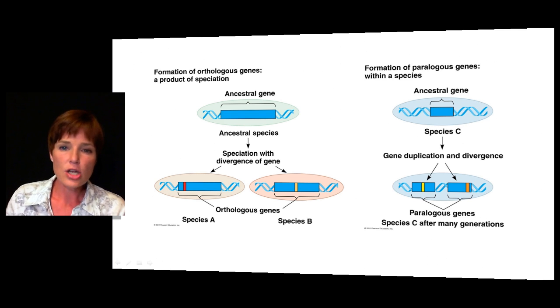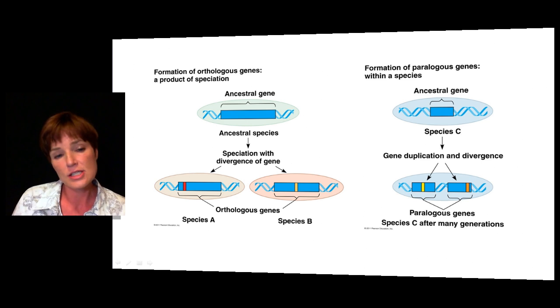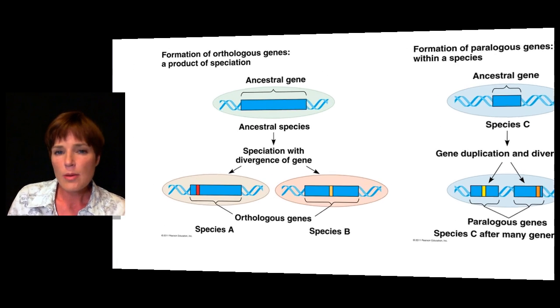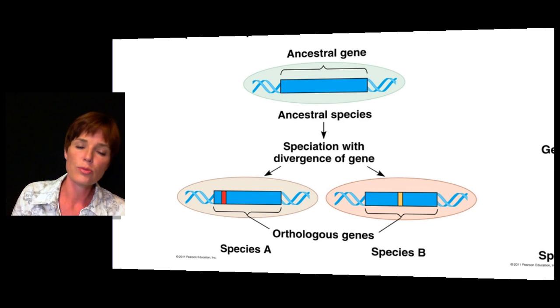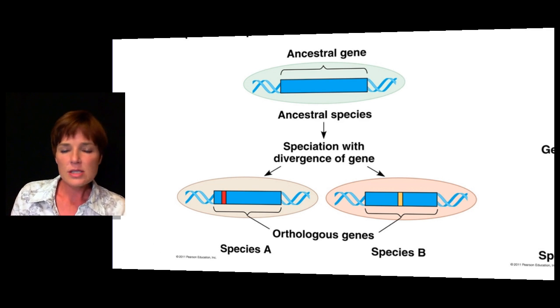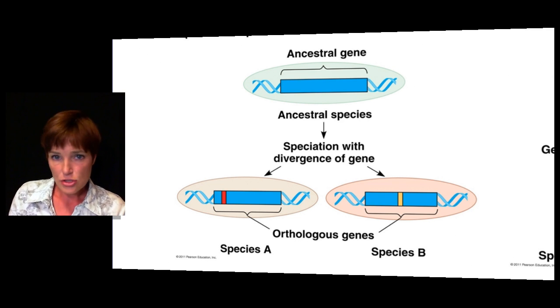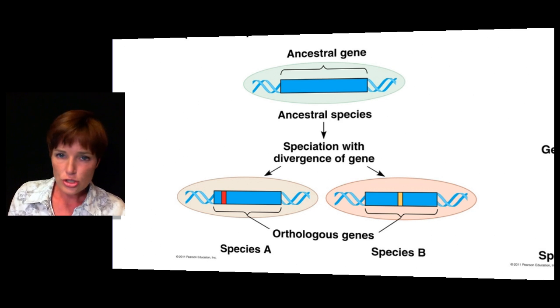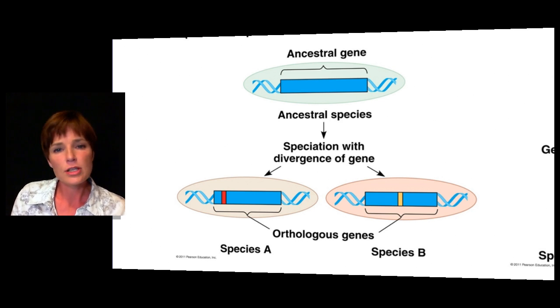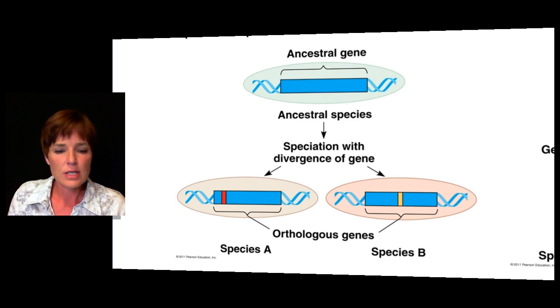We can have what's called orthologous genes, and then we can also have what are called paralogous genes. And so when we're talking about orthologous genes, these are genes that are due to speciation. What this means is that there was an ancestral gene, so that common ancestor had this gene, and then over time, due to different selection pressures, this gene became a little bit different in 2 different species.